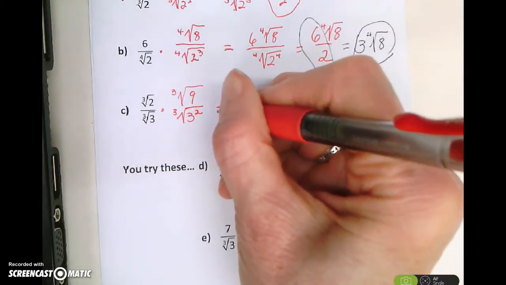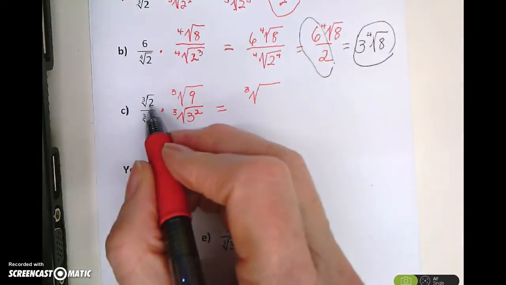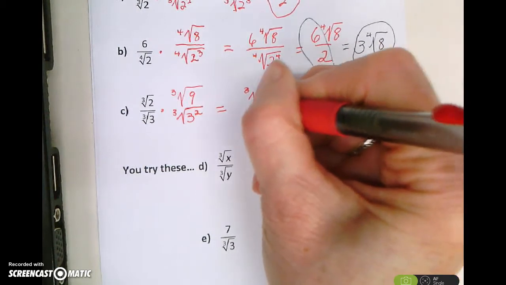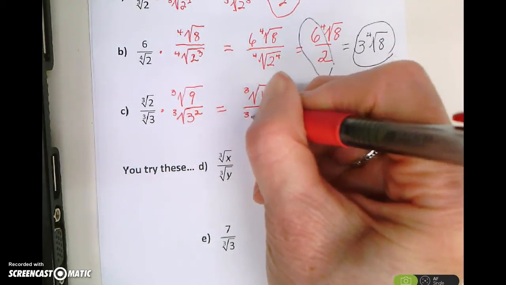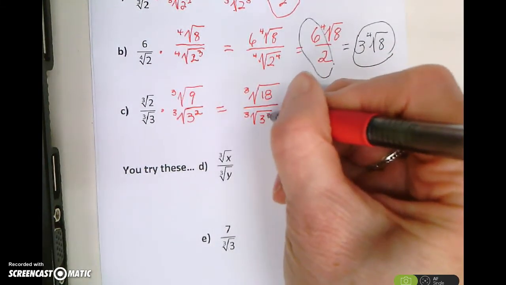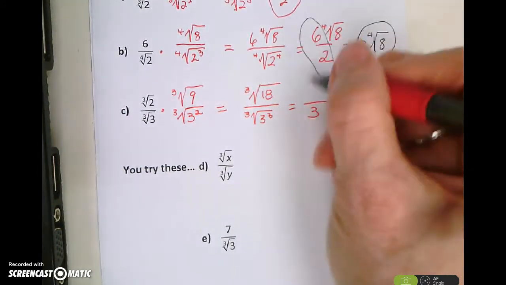Then that's going to give me the cube root of, this time the 2's inside, so 2 times 9 is 18. The denominator is going to be the cube root of 3 cubed, which is 3. And then cube root of 18.